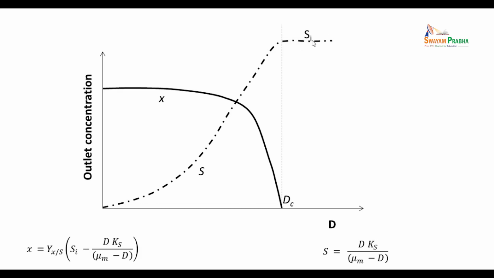It reaches the substrate concentration in the inlet at the critical dilution rate. So this is the range at which you can operate a chemostat. After the critical dilution rate, there will be washout, there will be no cells, and there will be no conversion of the substrate. There is no point in operating the chemostat there.